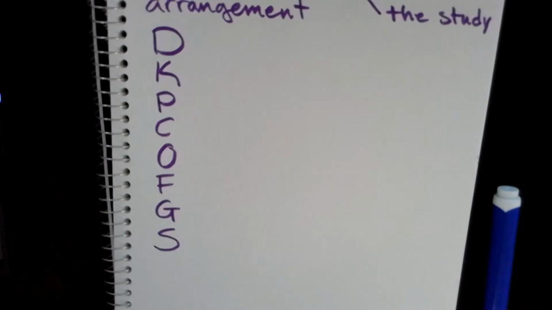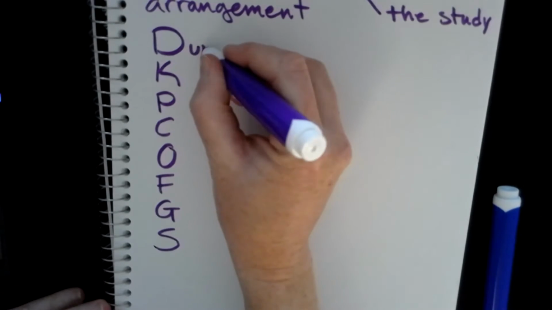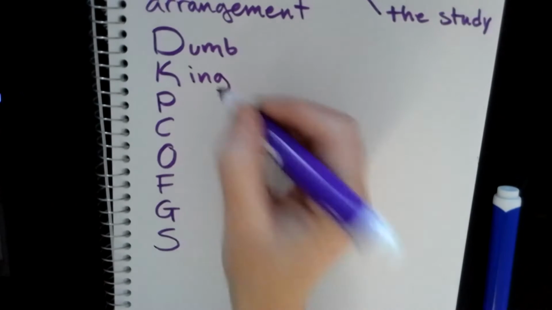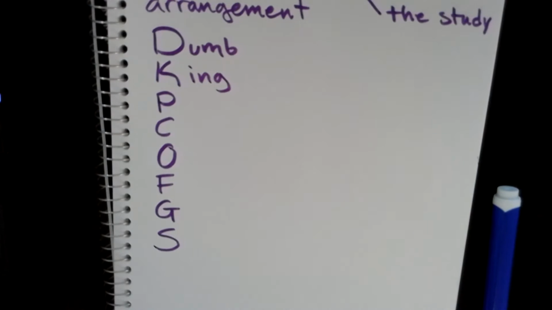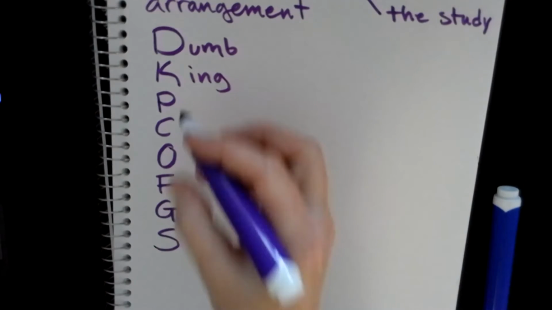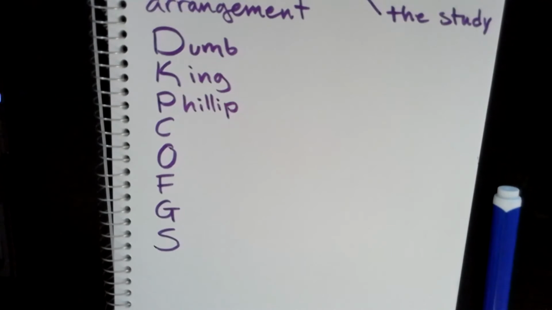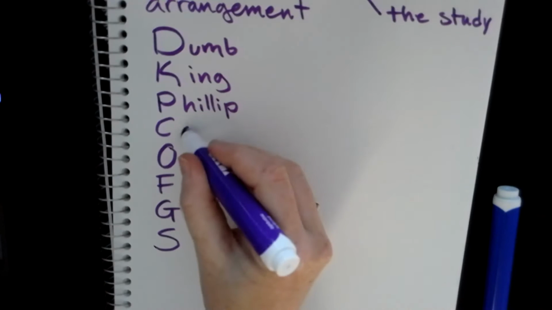So, you're going to think me crazy for this, but I actually want you to write this out next to it. Dumb. King. Philip. Cain.